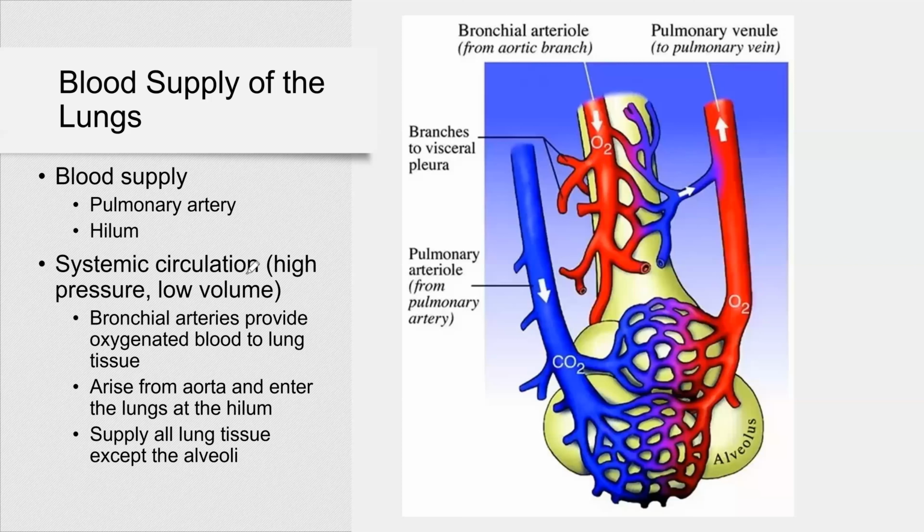So systemic circulation goes through the bronchial arteries, and they provide oxygenated blood to lung tissues, supplying all lung tissues except the alveoli, and they arise from the aorta. Systemic circulation is shown right here. So you deliver oxygen to all the tissue of your lungs, with the exception of alveoli.